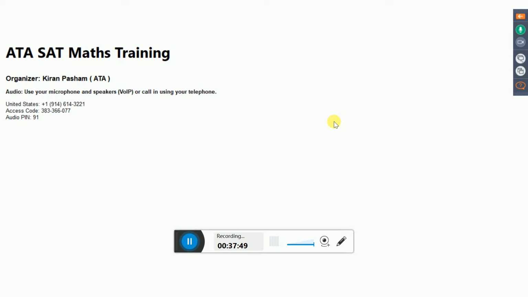And for 45, 45, 90, the ratio is 1 is to 1 is to root 2. Is it clear?